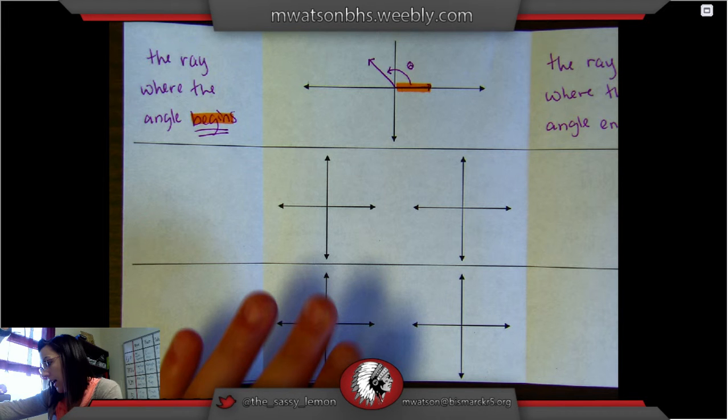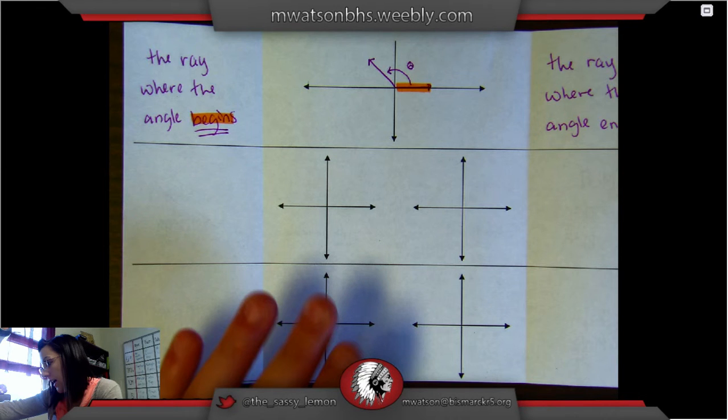In my first example, this is actually an example of standard position. As long as you have these two criteria met, then you're good. So the terminal side can be anywhere. It can be in the third quadrant. And actually, your angle can rotate in the opposite direction. So you can have the initial side over here and the terminal side over here and be going clockwise rather than counterclockwise.